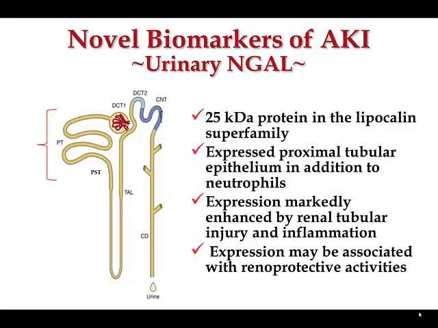Probably a little bit of a detractor for NGAL is that it's also expressed as a result of inflammation from the inflammatory cells, and so if you have other kinds of urinary inflammation, it might not be as specific for proximal tubular injury.